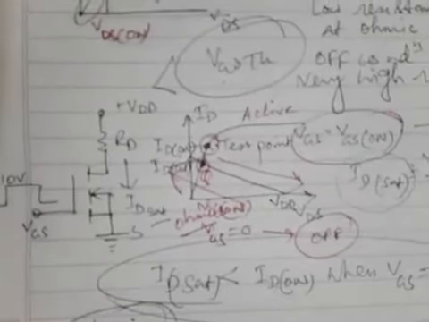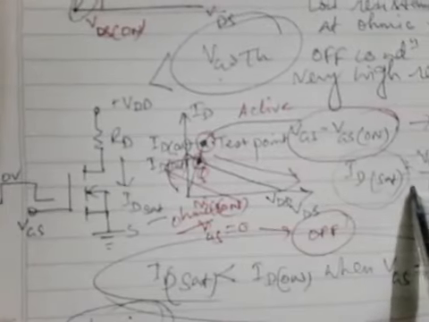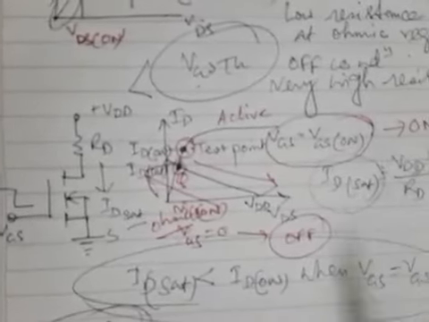If we are given the values, we can calculate the ID sat value from here, if we have the VDD and RD values.